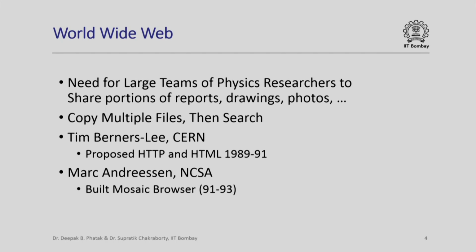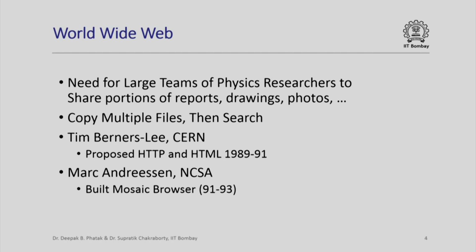The World Wide Web has a very interesting background history. There were a number of physics researchers in CERN and there were large teams who needed to share portions of reports, drawings, photos, etc., for their scientific work. Unfortunately, the only mechanism available at that time was you copy multiple files.